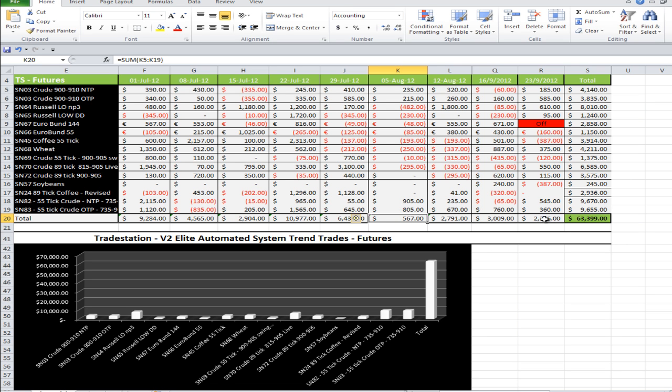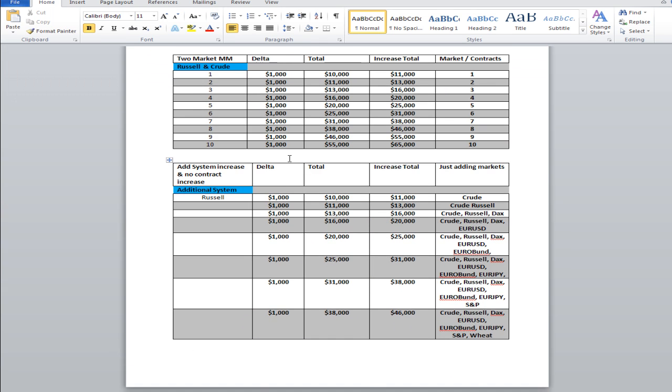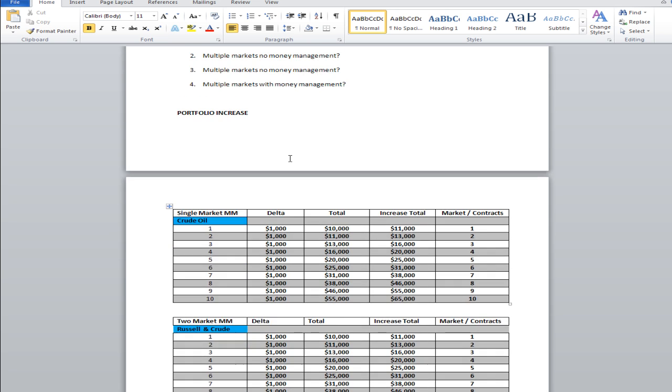So what I'm going to do is just show you a way in which you can approach this, remembering that when you're trading these systems, there are a number of ways you can approach how you actually trade the systems. And when we talk about adding systems to your portfolio, there's a number of ways you can do it.